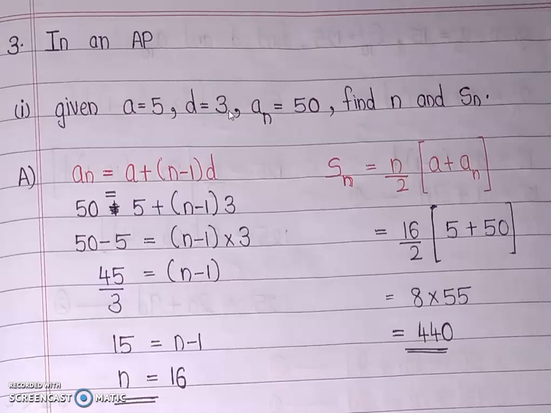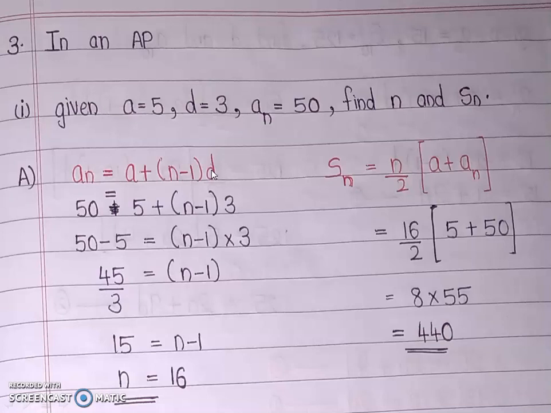A, d, an and the unknown quantity is n. So which equation will you use? The equation which has all the 4 quantities: a, d, an, n. So remember which equation you will use? You will use an equal to a plus n minus 1 into d.